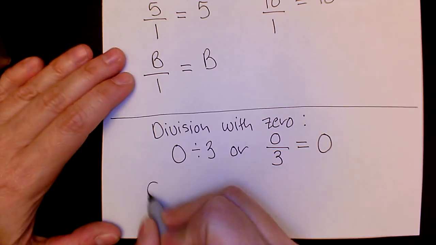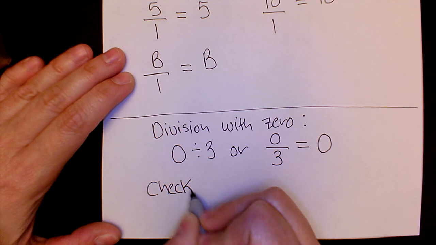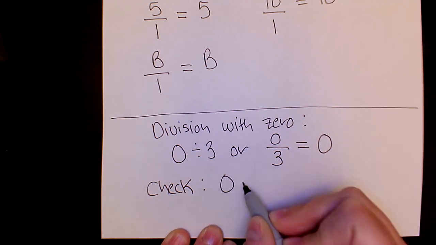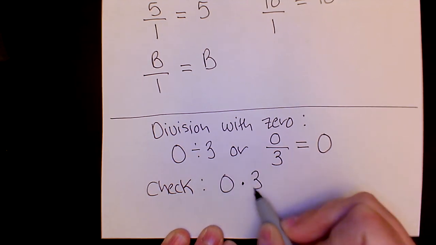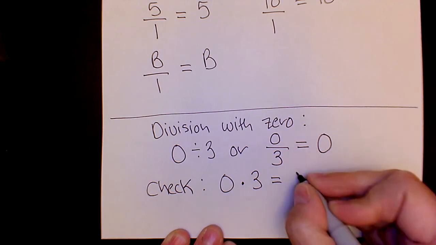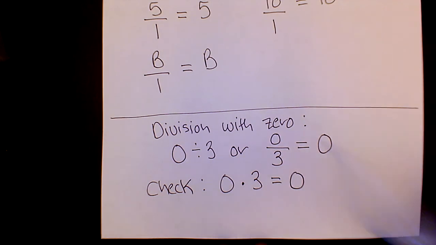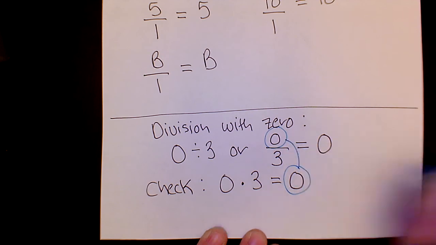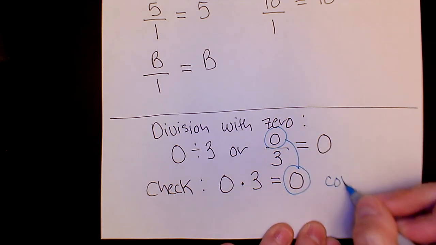And if I wanted to check that to make sure, I'm going to take my answer times the divisor, which is 3, and I do get back to 0. So these do match up.